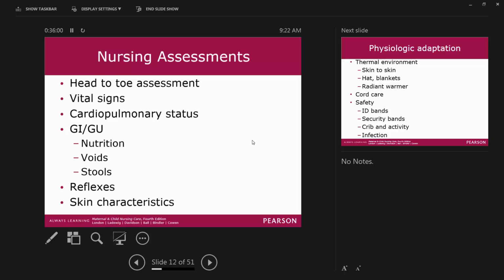Okay, but I just feel around, make sure I don't have any hernias or any cysts or any funky looking feeling things. I open the diaper, I look at the genitalia, I roll baby over, I look at the anus, and I look at the spine, and I look for a tuft, okay? I do my reflexes, and then I'm done with my head-to-toe assessment.